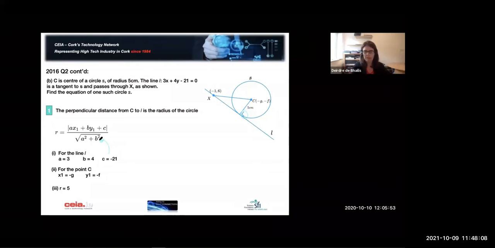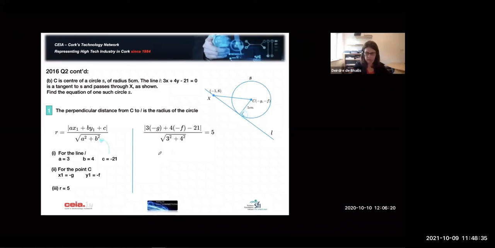Sorry, we had the information r = 5 as well, but that's the right-hand side of the equation. So when we populate, we're going to be very careful again with our negatives, put some brackets around our negative numbers. There's our -g and -f going in place of x1 and y1. And we have 3, 4, -21.